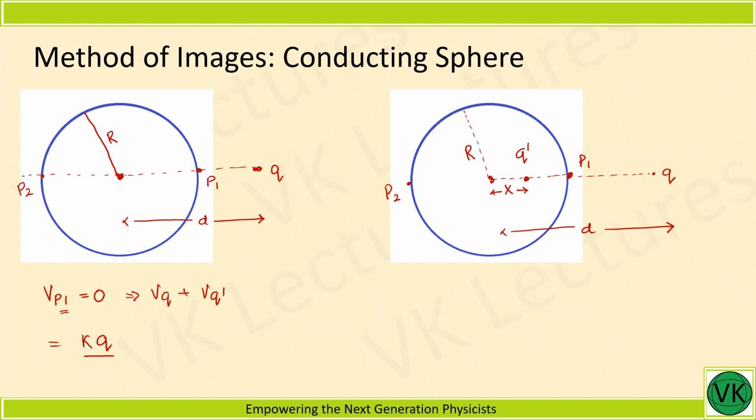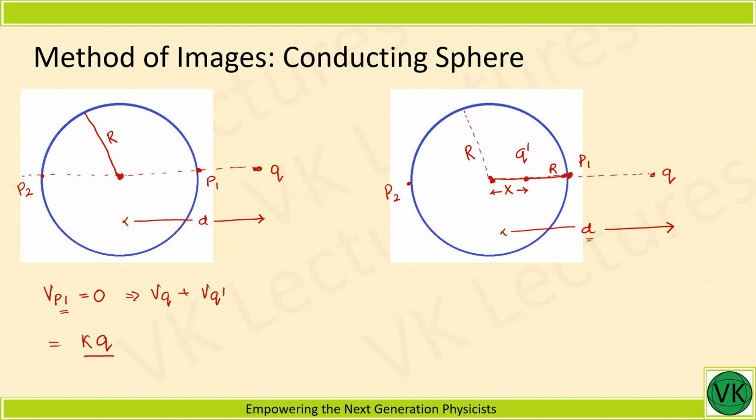We know that from the center to the point charge is d, and if you remove the radius capital R, you get the distance from p1 to q.